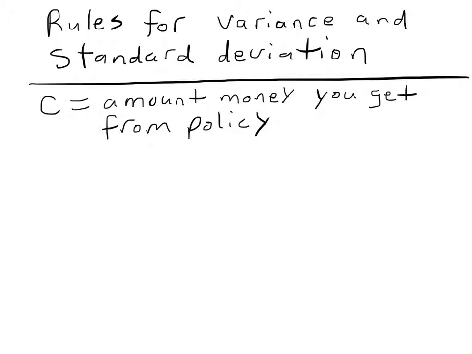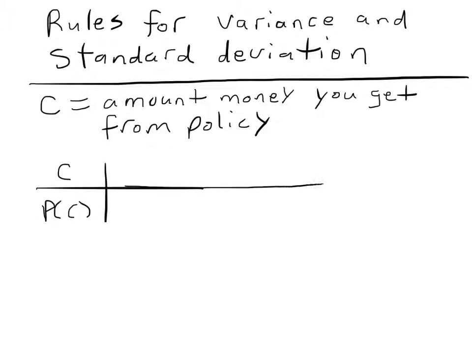So there's 3 scenarios here. You're either going to pay money for this policy, or if you become disabled, you get the $5,000, and if you're unfortunate and you die, your beneficiary gets the $10,000. So I need to put all of that into a table with the corresponding probabilities.